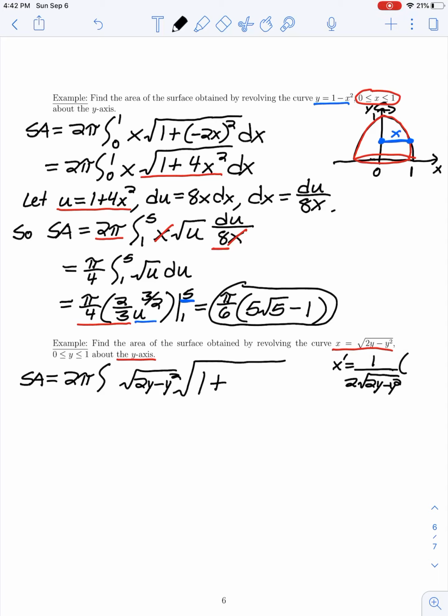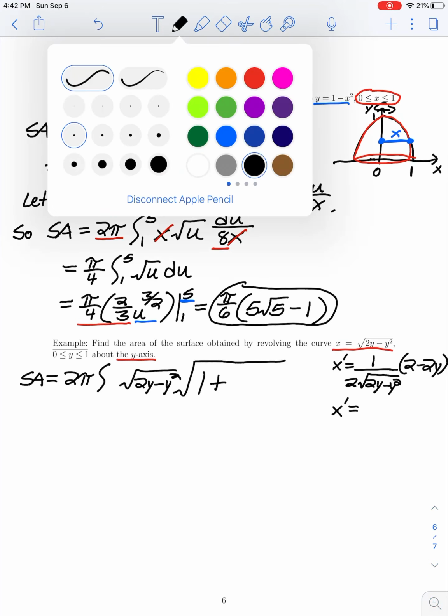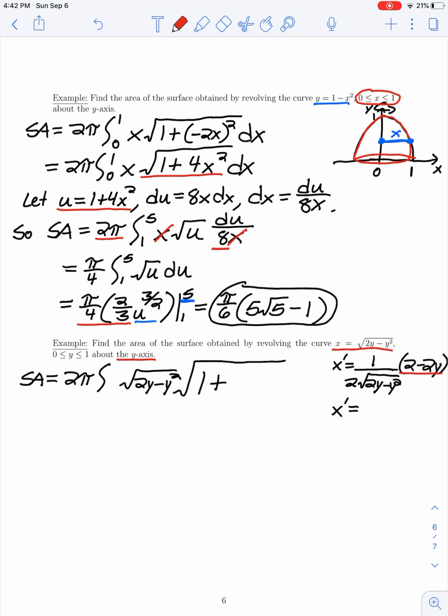And then using the chain rule, we have to multiply by the derivative of the inner function, which would be 2 minus 2y. Simplifying just a little bit, when I have 2 minus 2y and I'm dividing by 2, I can cancel out a factor of 2 in the numerator and denominator, and that would make my numerator 1 minus y, and my denominator is the square root of 2y minus y squared.